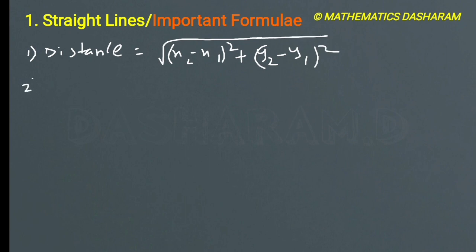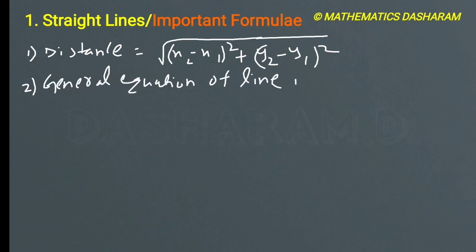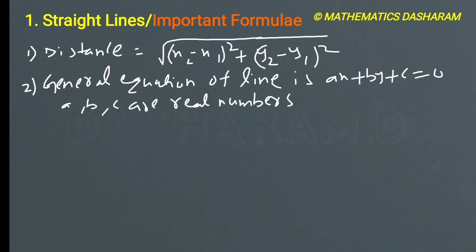The second one is the general equation of a straight line: ax plus by plus c equals 0, where a, b, c are real numbers and a and b should not both be 0 at a time.